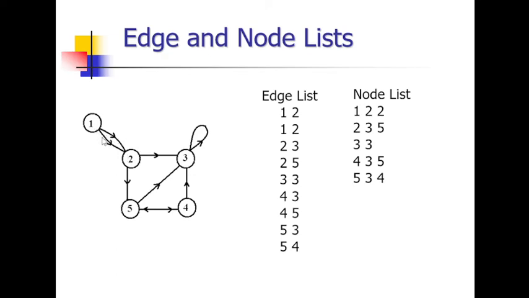There are two edges between 1 and 2, so 1 comma 2, 1 comma 2, like this all the edges are noted down. Similarly for the node list, 1 to 2 is repeated twice.